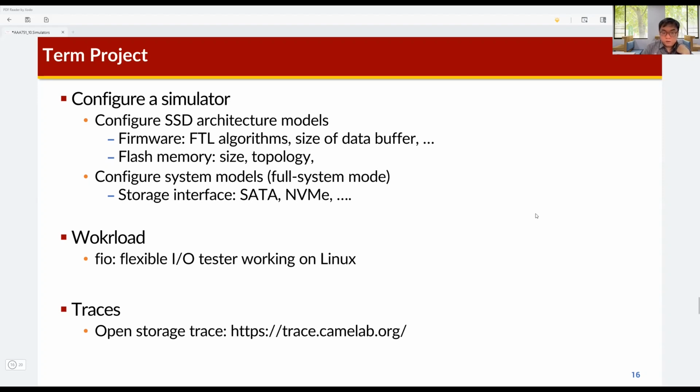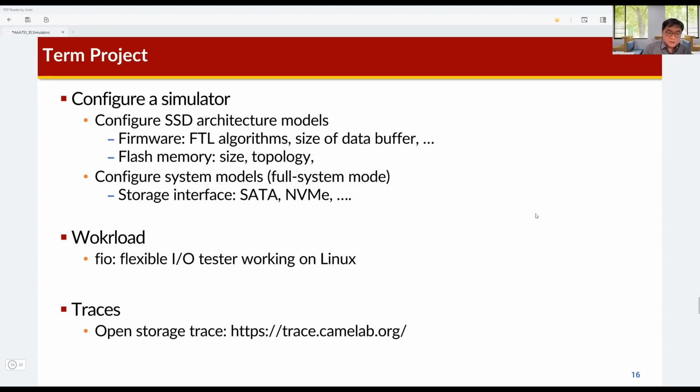Also, you can configure the size of the flash memory and the topology, such as the number of packages, number of ways, and number of planes inside of a flash memory.